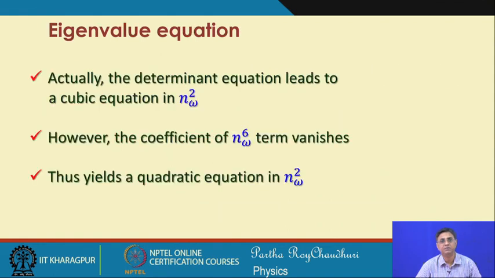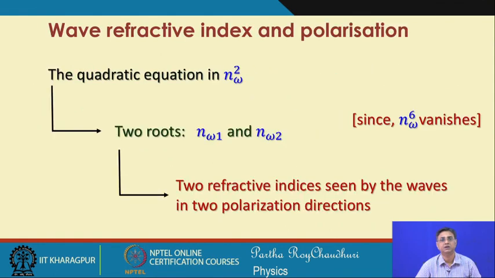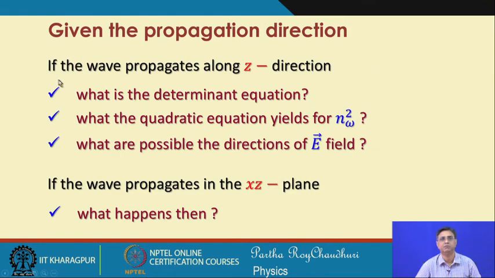So, if I specify the direction of propagation of the wave in the medium, for example, the simplest case when the electromagnetic wave propagates along the z direction, then there will be two n omega values which will correspond to the two mutually orthogonal axes, that is x and y.